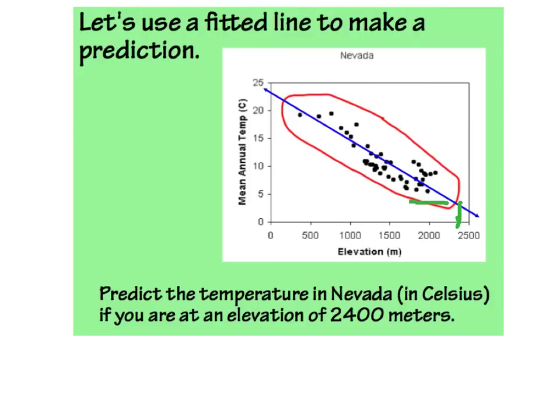Okay, so I'm going to go directly left, and I'm going to make an estimate with my fitted line, a prediction that if I am at 2,400 meters, that the mean temperature will be 4 degrees Celsius. Okay, and just so you know, we will be looking to see, do you have that line going straight up and straight across on your graph?